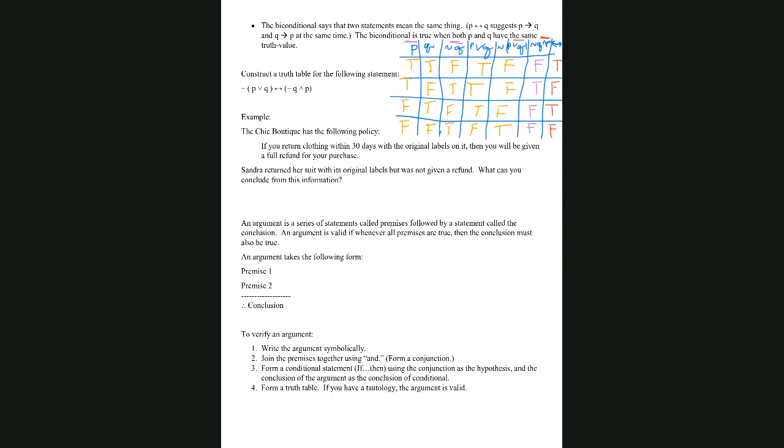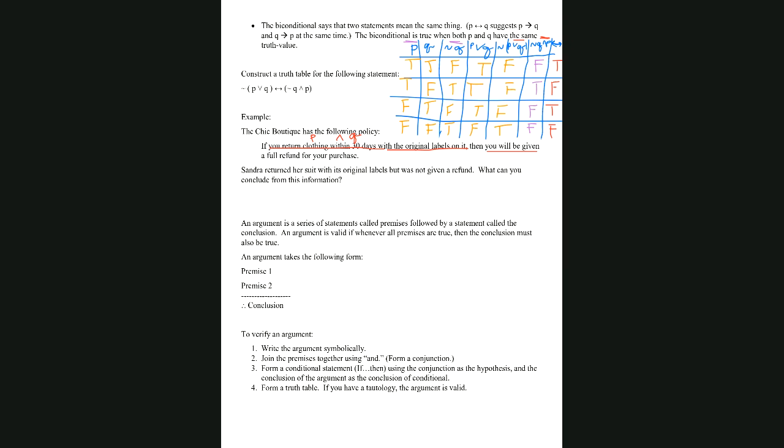So let's look at an example. You may have some problems like this in your homework. This is an example we're not going to use a truth table for. We're just going to sort of answer it. It says, the Chic Boutique has the following policy. If you return clothing within 30 days with the original label on it, so this is like saying if P and Q, then you will be given a full refund.